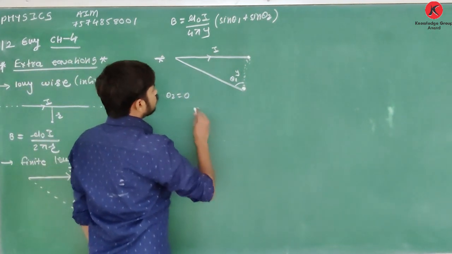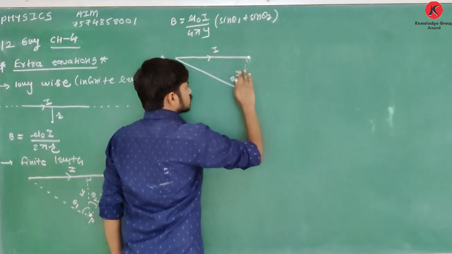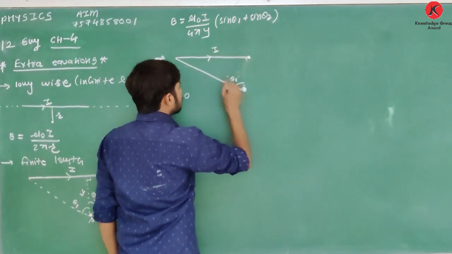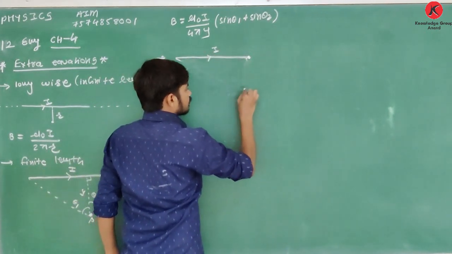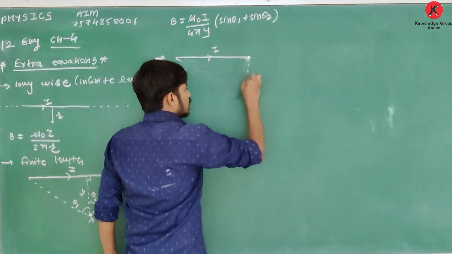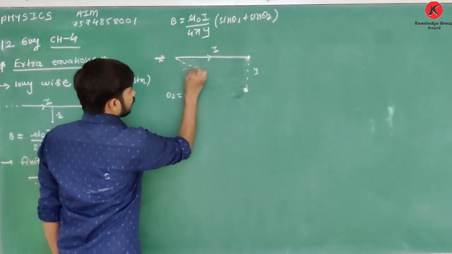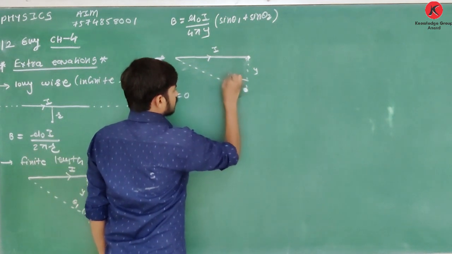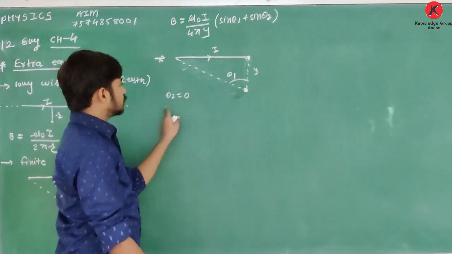Again, we want to find the magnetic field at this point. So draw the perpendicular; see, again I'm repeating the method. We have to find it at one end. Draw the perpendicular, it is y. Now connect the two ends. The first end gives angle theta 1. The second end is the same line, so theta 2 is equal to 0.